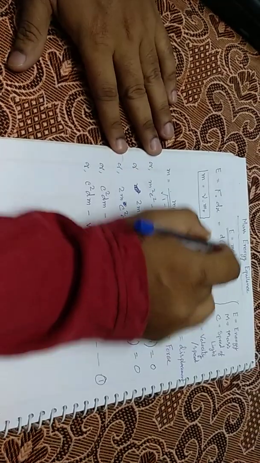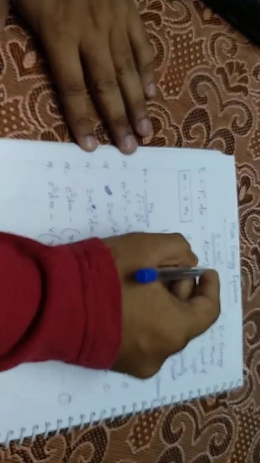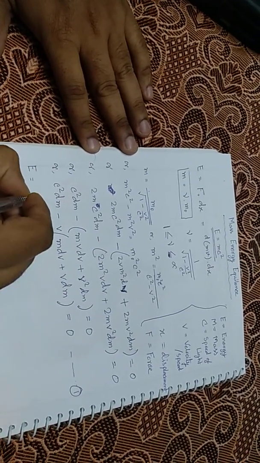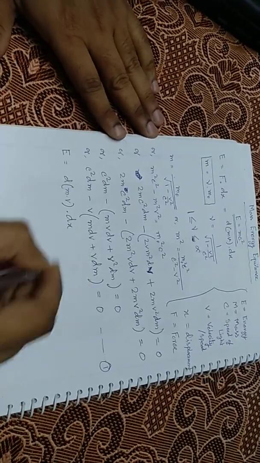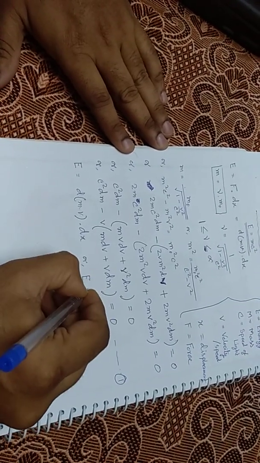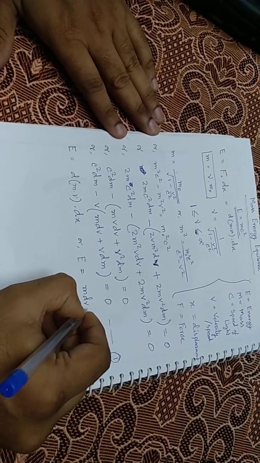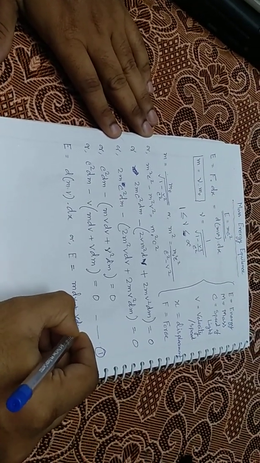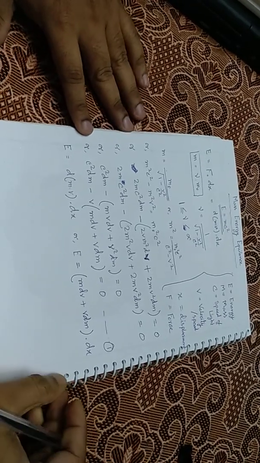Now we have this equation, E is equal to d of mv dot dx, or we can write E is equal to (m dv plus v dm) times dx.